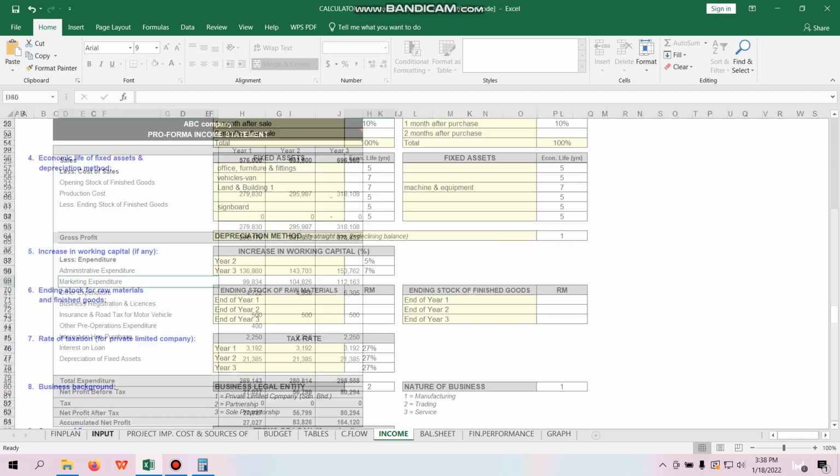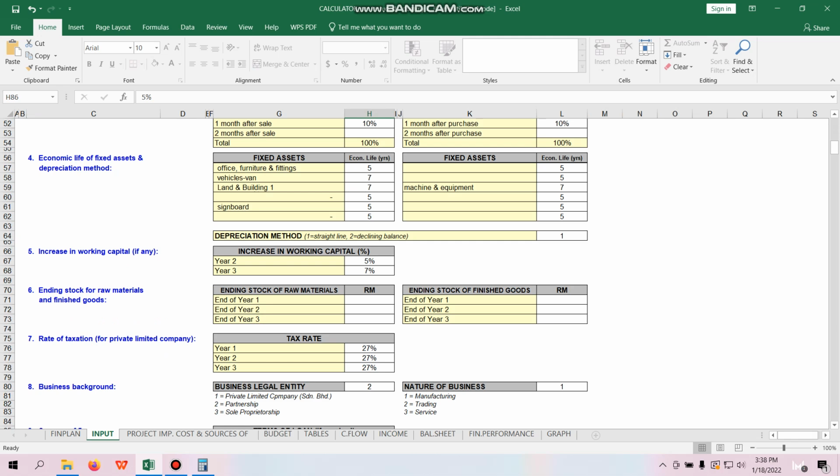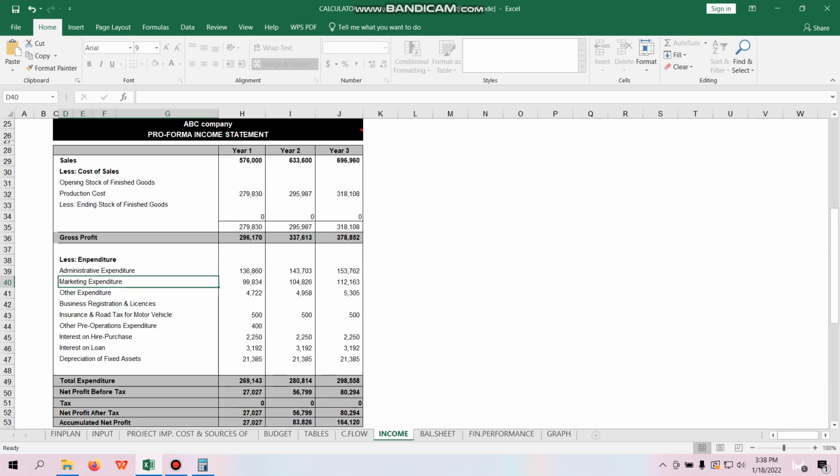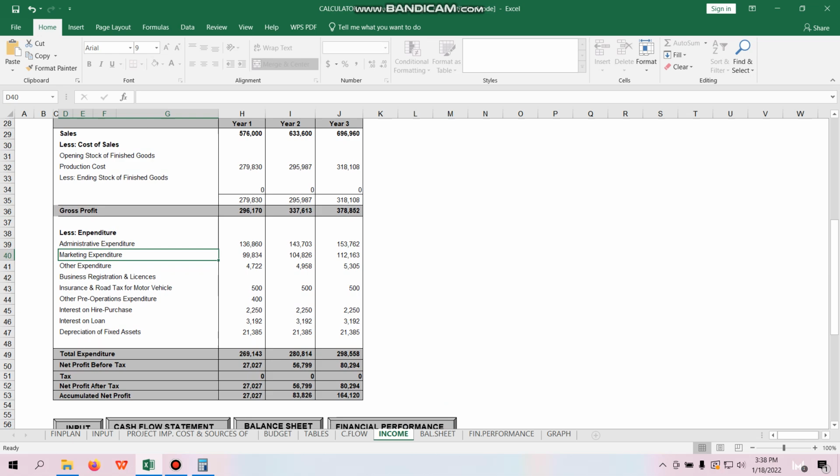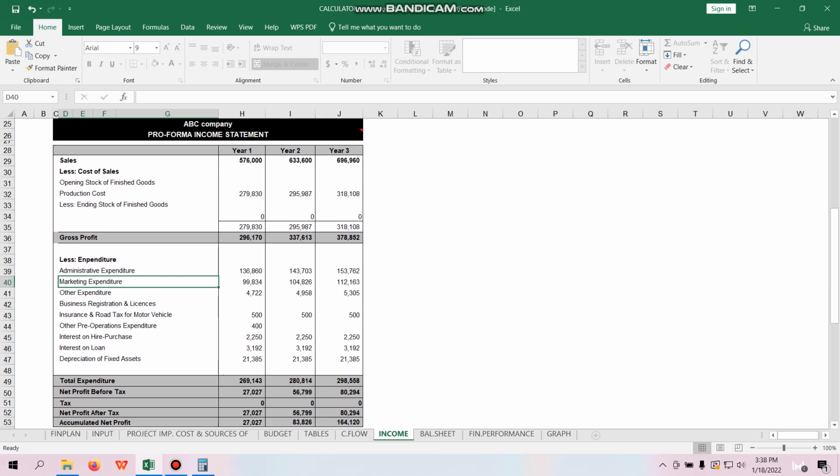If you choose number two or number three, there will be what we call operational expenditure, taken from here. But since you choose number one, operational expenditure is brought to this section under what we call production cost. So you don't have to worry about this one because it is auto generated.